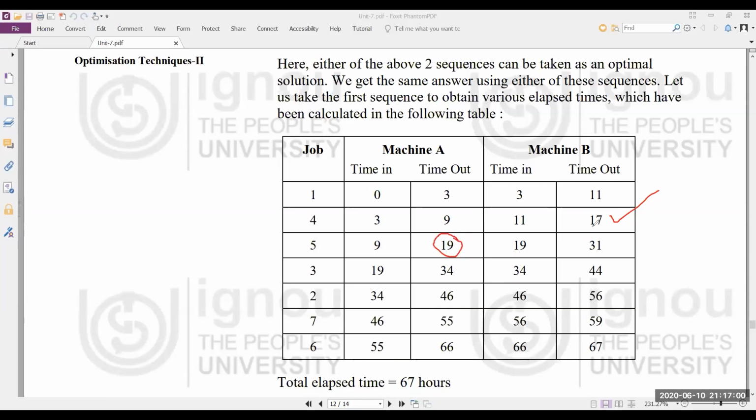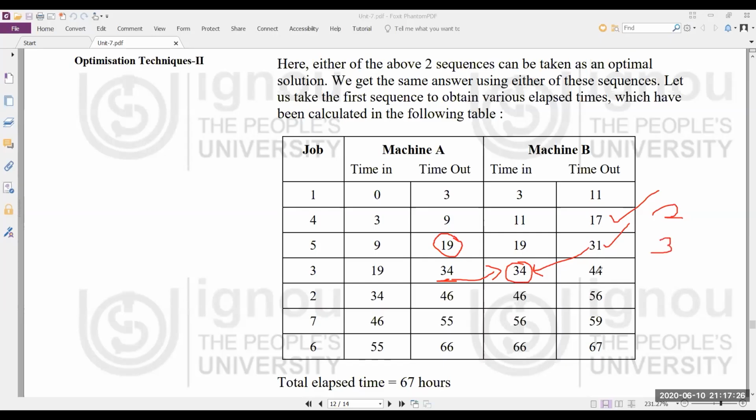It means that machine B is idle 2 hours. Again, machine B completes the work at 31 hours, but machine A will provide after the 34 hours. It means that machine B starts at 34 hours.